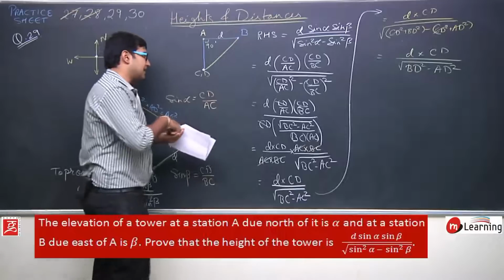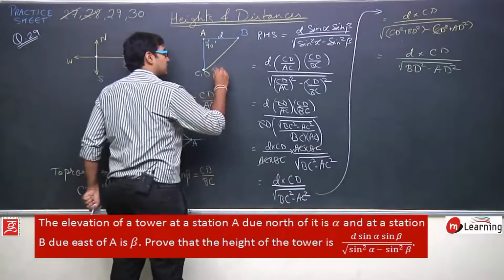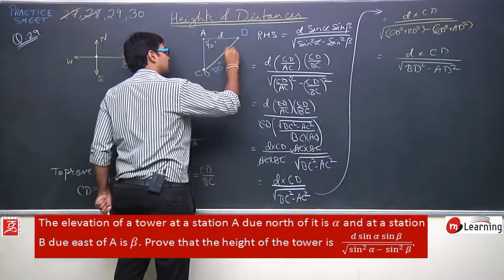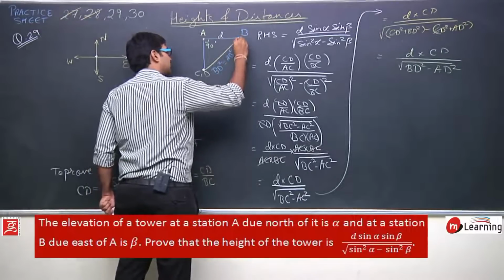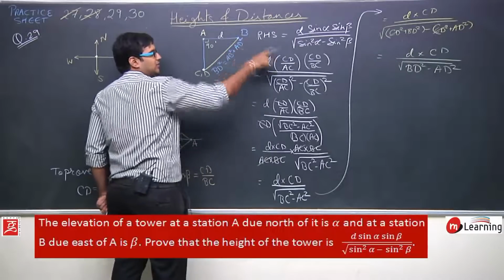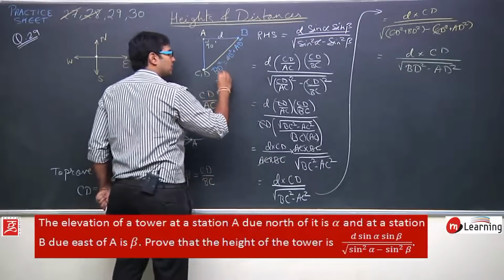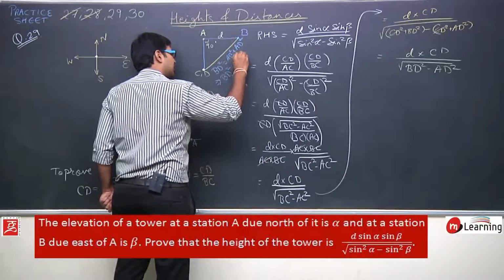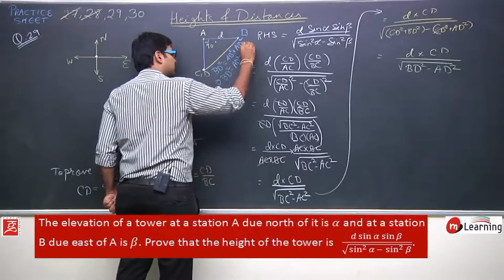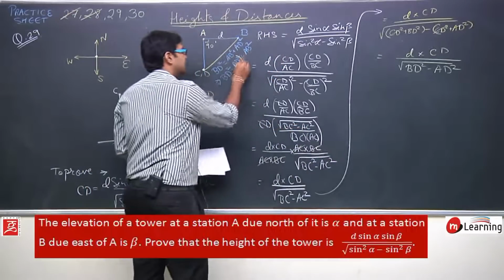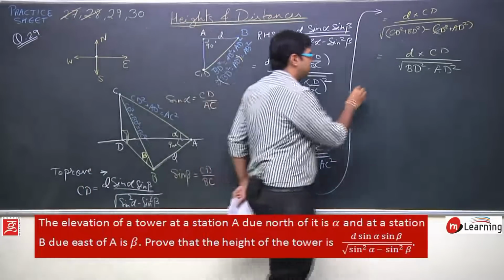So BD square is equal to AB square plus AD square. So BD square minus AD square will be AB square. So in place of BD square minus AD square, I can write AB square.